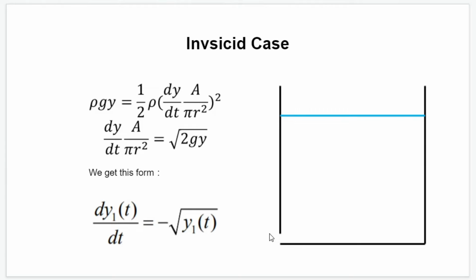The loss of potential energy is rho g y, and it becomes kinetic energy, one half rho v squared, where v is simply the rate of the lowering water level multiplied by A. A is the area of the container, and pi r squared is the area of the hole. So we can rearrange the formula into this form.